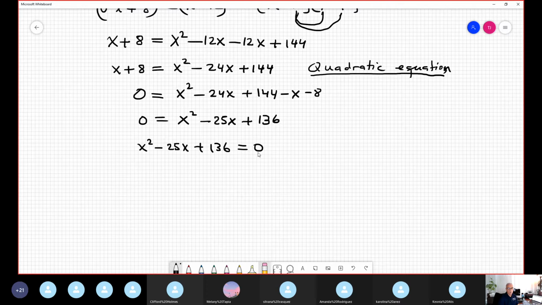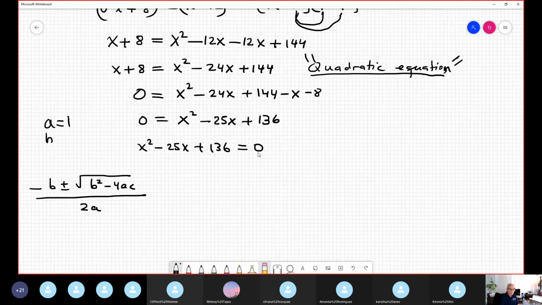Again, we need to solve the quadratic equation using the quadratic formula: minus b plus or minus square root of b squared minus 4ac, divided by 2a. This is an important formula. Now identification: a is 1, in our specific example b is negative 25 and c is 136.